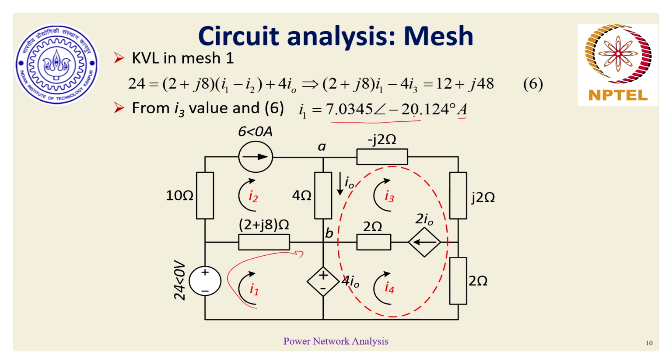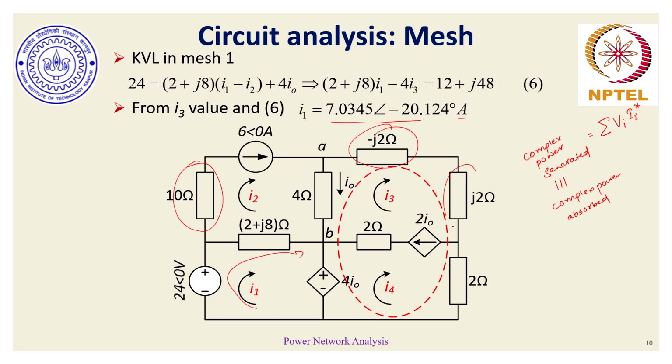From this perspective, you can also figure out the total complex power generated by each of the sources, wherein you make use of the fact that the voltage of the particular voltage source or current source times the corresponding current conjugate is the net complex power generated. This should match the complex power absorbed together by the elements encircled over here.